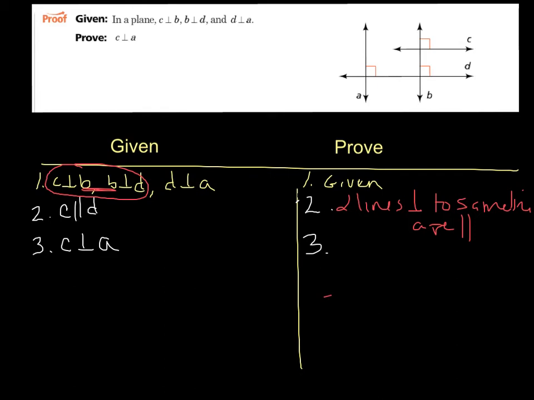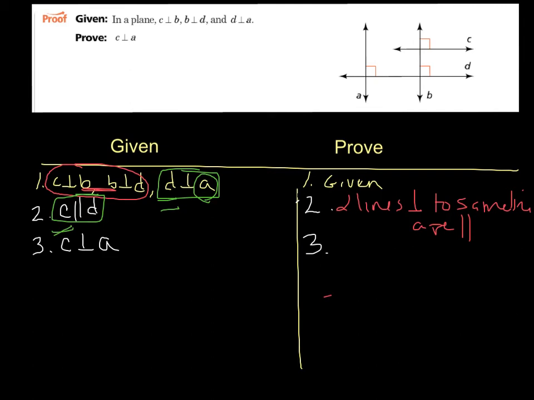So now, if I look, I've got D is perpendicular to A, okay? And I know that I'm trying to get C to be perpendicular to A. Well, if D is perpendicular to A and C and D are parallel, then if I have a line A that's perpendicular to one of the parallels, then it has to be perpendicular to the other.